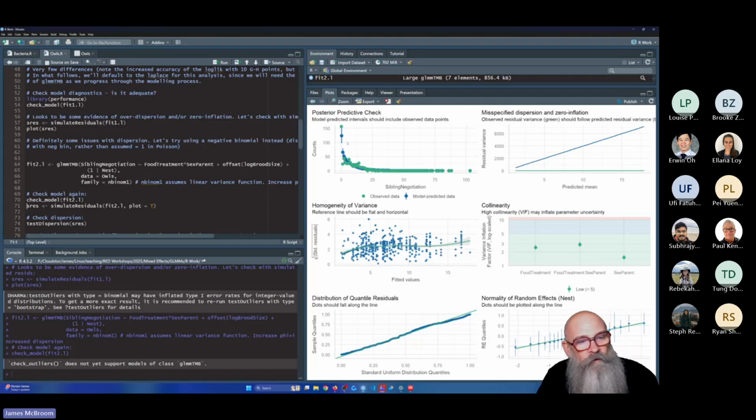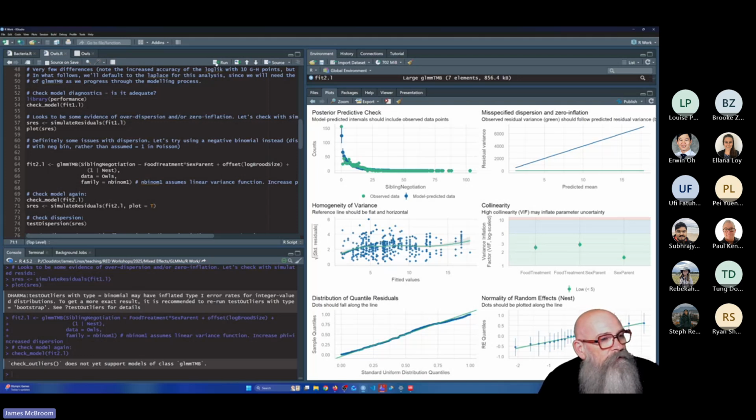Okay, now you can see top left the model's doing a lot better against the observed data. Accounting for the over dispersion has helped somewhat, but I still maintain there's a little bit of zero inflation going on here. The quantile residuals down the bottom left look a lot better. So we've solved quite a few problems just by allowing over dispersion here.